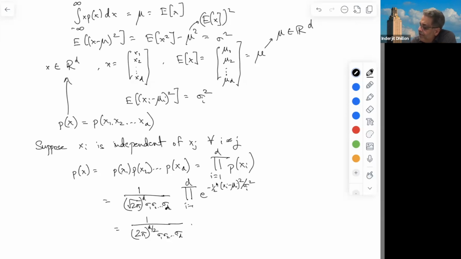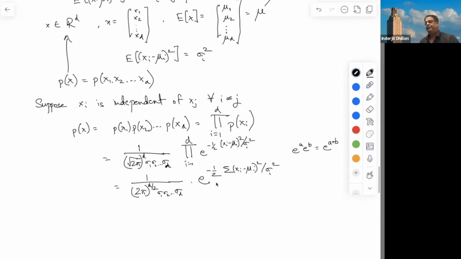If I have e to the power a times e to the power b, that's equal to e to the power a plus b. So I can turn this product into a sum in the exponent. So this becomes e to the power minus 1/2 summation of xi minus mu i squared divided by sigma i squared. Any questions so far? And remember, the summation is i equal to 1 to d.